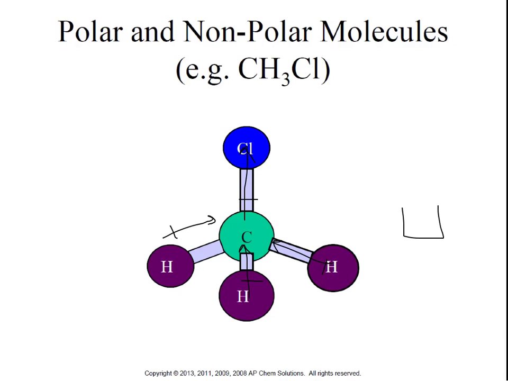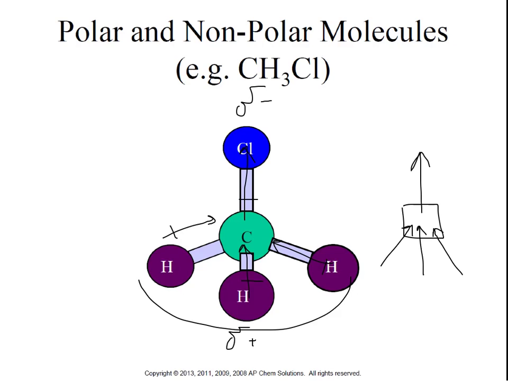So for the box analogy, imagine a box with 3 people pushing on it and then 1 person pulling on it. Do those dipoles cancel each other out? Absolutely not. What you're going to wind up with is a region down here that's going to be delta positive, and then this region up here will be delta negative. So the electrons are pulled from the hydrogens to the carbon, then from the carbon up to the chlorine, and so this area down here with the hydrogens would be slightly positive, a dipole positive, and that area up there would be a dipole negative.